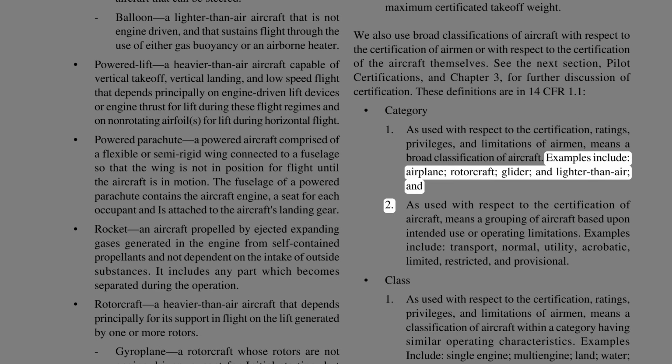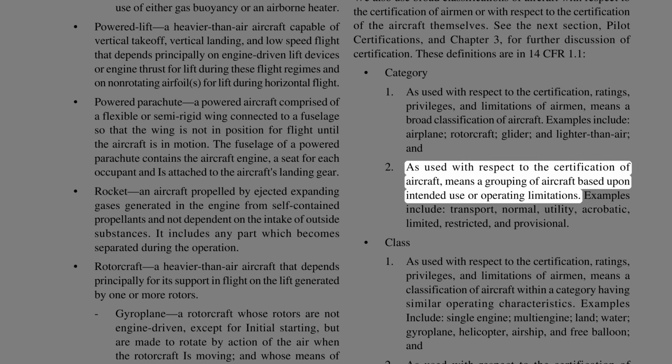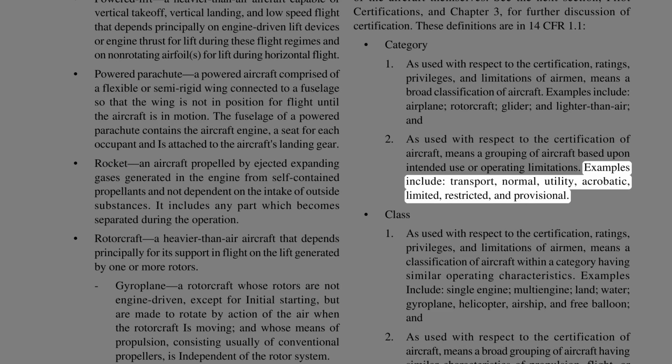Examples include airplane, rotorcraft, glider, and lighter-than-air; and 2, as used with respect to the certification of aircraft, means a grouping of aircraft based upon intended use or operating limitations. Examples include transport, normal, utility, acrobatic, limited, restricted, and provisional.